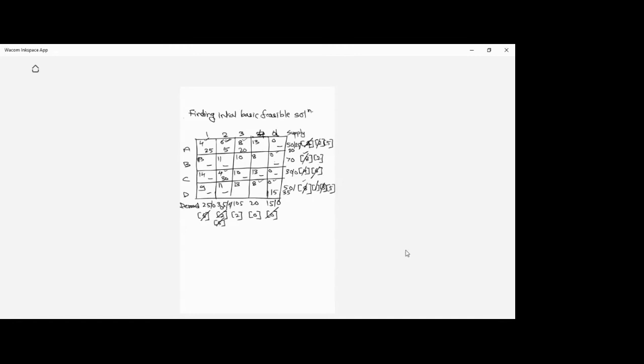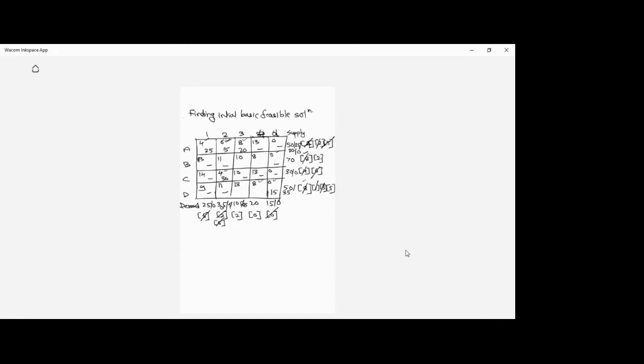So I'll be doing the allocation here, and this particular row will now get exhausted. If I've done allocation here of 20, it will be 85 here. So let's recalculate the penalties now.